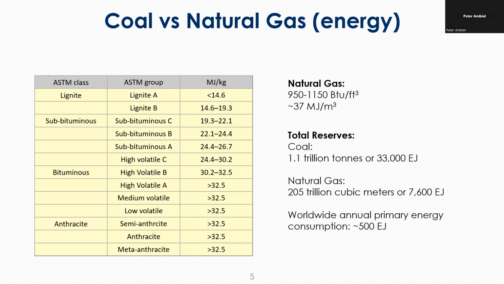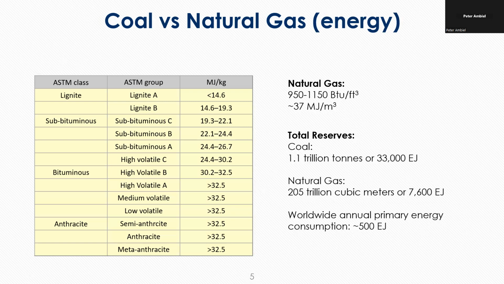So a kilogram of lignite coal will produce maybe half or even less than half that of your highest quality, let's say anthracite coal. And you can see in the table on the left, there is quite a large range in energy density of the coal, again, depending on its grade.